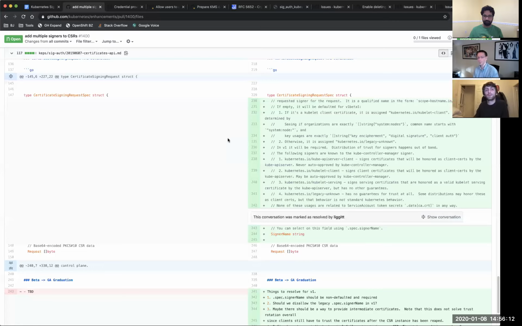I would like it if these signers moved in a direction where the CSRs contained less and less, and the signers decided more and more. I think that would be preferable. Okay, so that's more in favor of ignoring invalid requests so long as the signer name is appropriate, and transparently overwriting it if the signer name says it's a kubelet client cert.